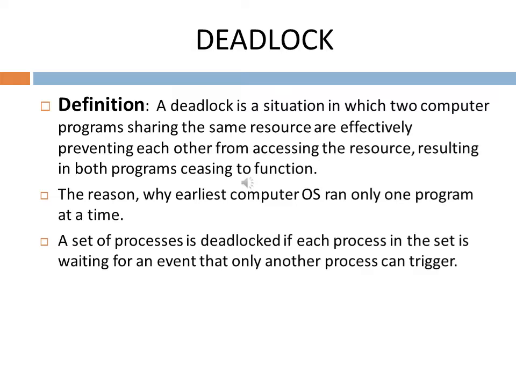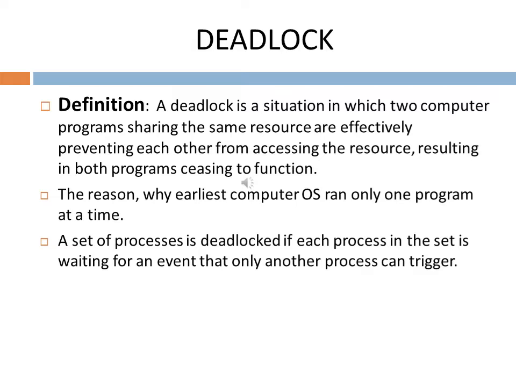A similar situation occurs in an operating system when there are two or more processes that hold some resource and wait for resources held by others. For example, process 1 is holding a resource and waiting for resource 2, which is acquired by process 2, and process 2 is waiting for process 1.